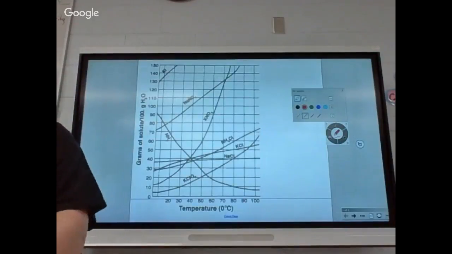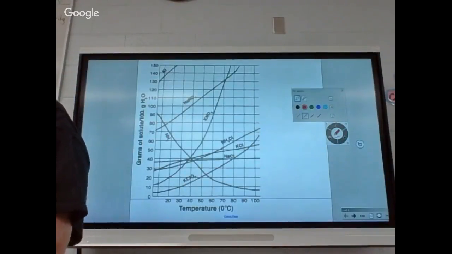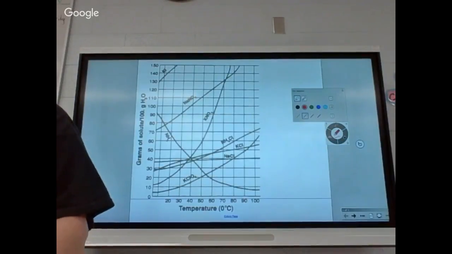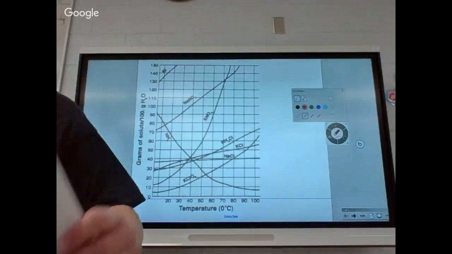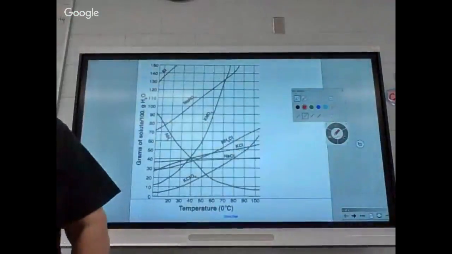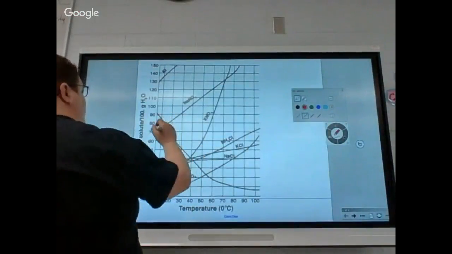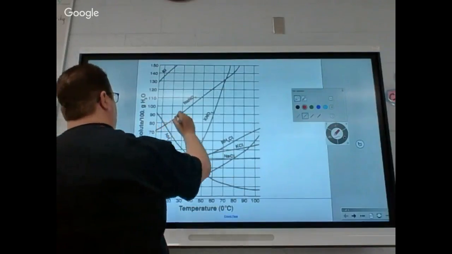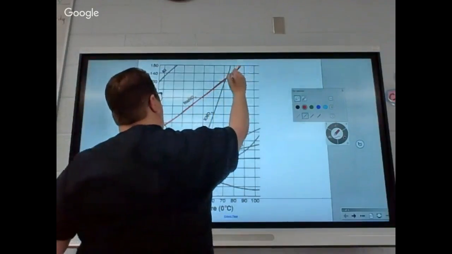All right, number 5. At 30 degrees and 90 degrees Celsius, sodium nitrate is dissolved in 100 grams of water. Is this solution saturated, unsaturated, or supersaturated? All right, so we need to figure out which line and then plot it. It said sodium nitrate, so which line is sodium nitrate? Okay, that's that line.